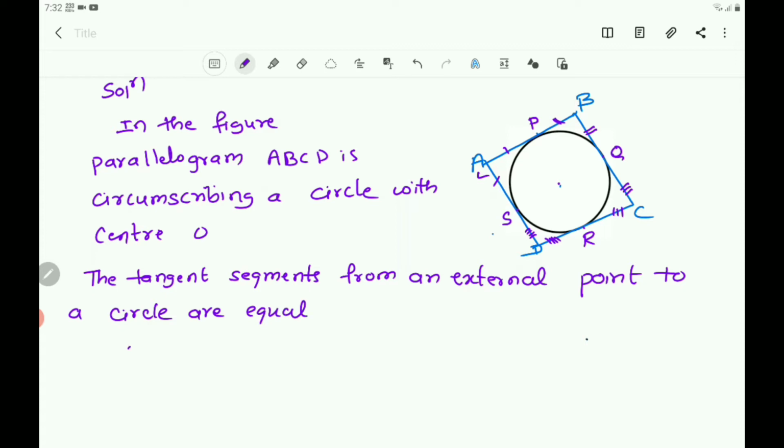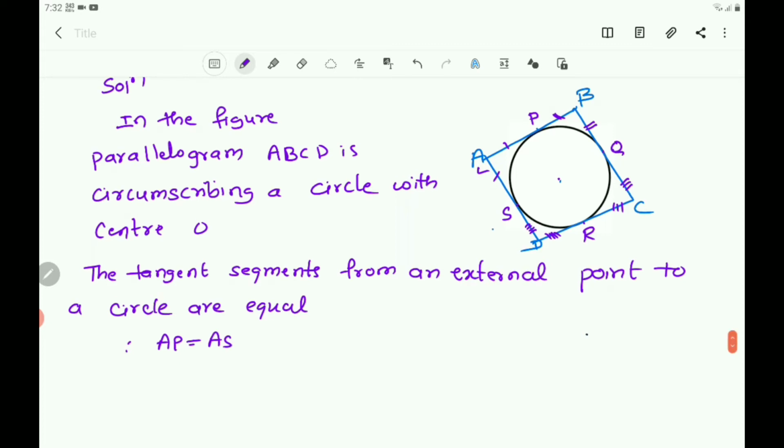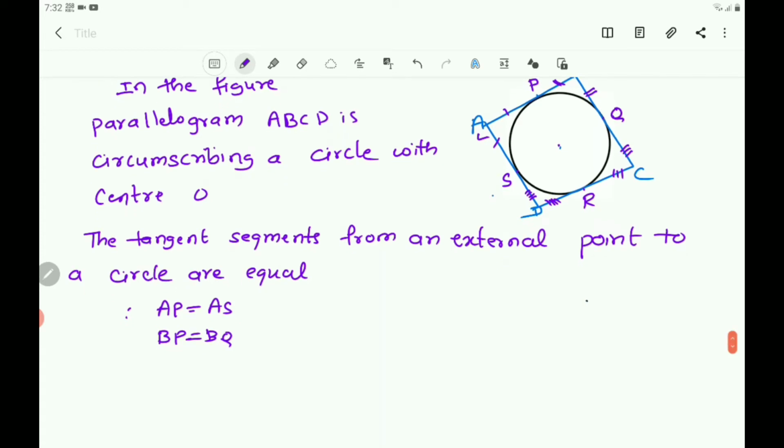Therefore, you can write, AP equals AS, that is shown in the figure, and BP equals BQ, and CR equals CQ, DR equals DS.